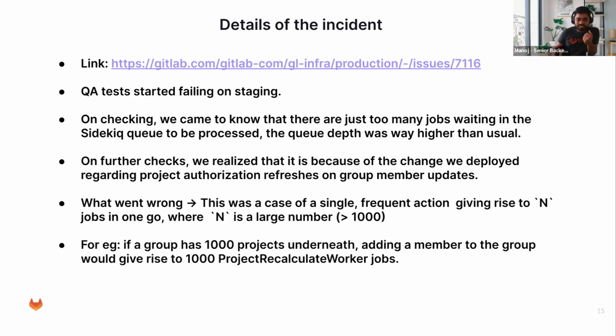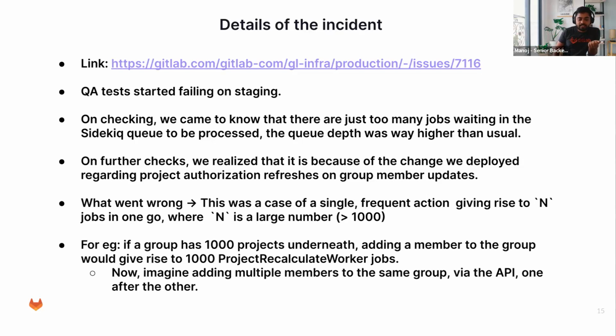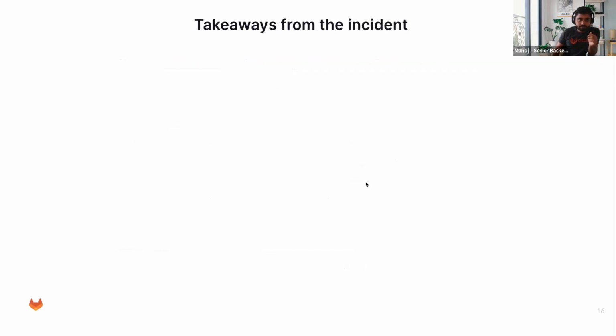So this gave rise to many project recalculator worker jobs, one after the other, because we have no control over how customers use the API. They can add 1,000 different members to each group that they want. So this is the case that happened.